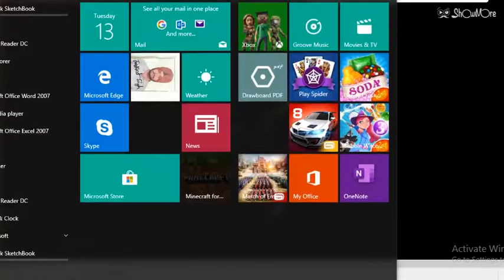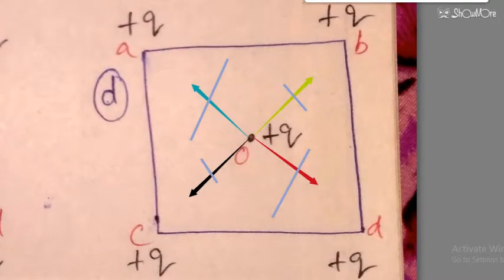But these two forces and these two forces, which are equal in magnitude but opposite in direction, are getting cancelled. All are equal in magnitude but they make pairs of opposite direction. So question number D you can also do.